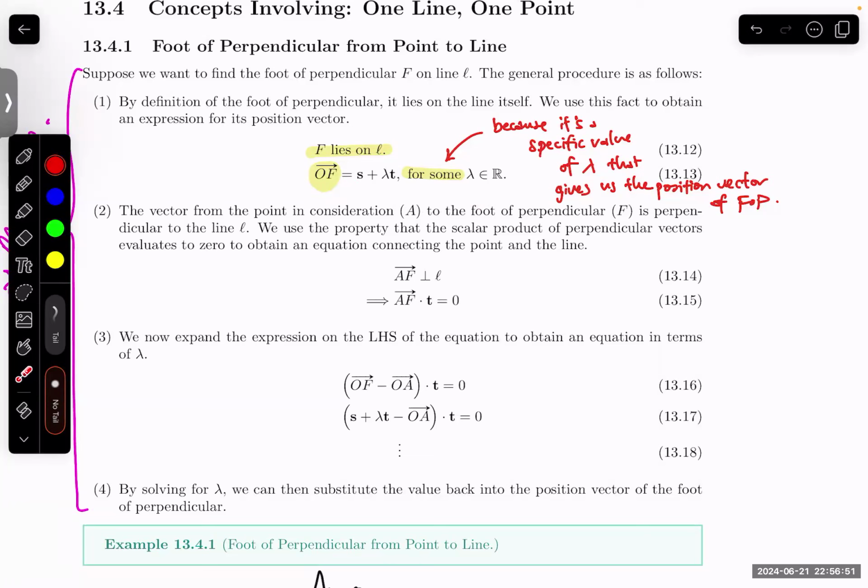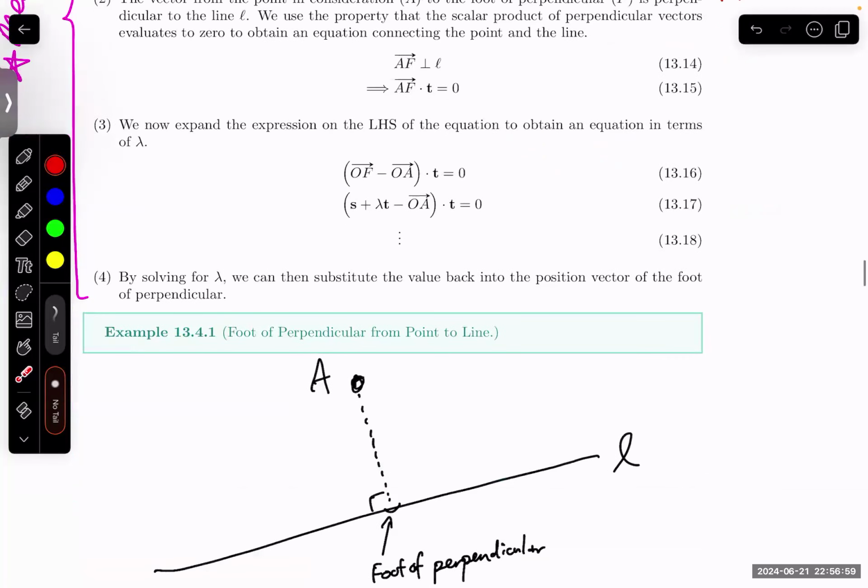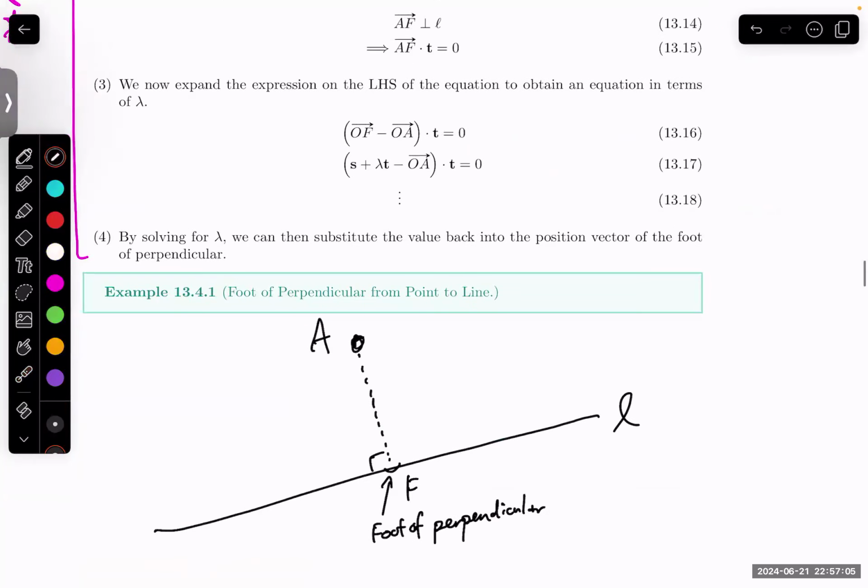The second part is that the foot of perpendicular is the vector, the vector where it falls. The rock A falls straight down to the floor, right? So vector AF is how it falls. It's like the instruction that the universe tells the rock to fall. The universe tells the rock you have to fall along this vector.